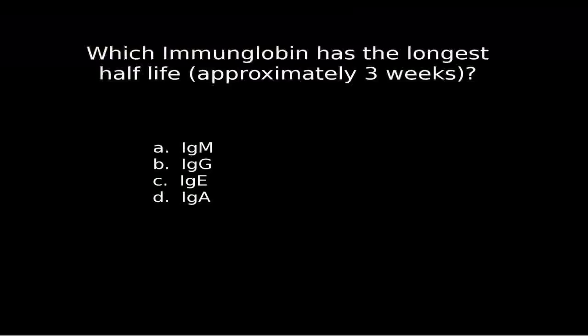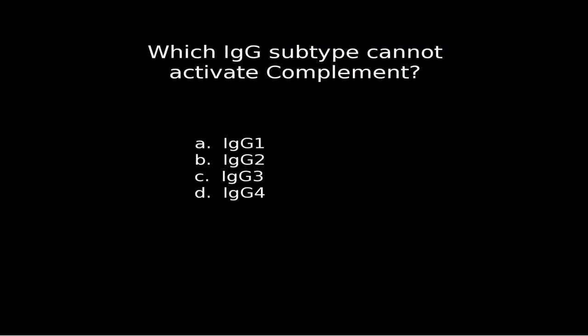That lasts the longest, and that's going to be IgG, which is the answer in B. And then 6 is, we spoke about it with regard to complement, which IgG subtype cannot activate complement? That's IgG subtype 4. Again, it's kind of detailed. You might get it on an immunotest. I haven't seen that in the review books, but for completeness' sake, we've got it in there.